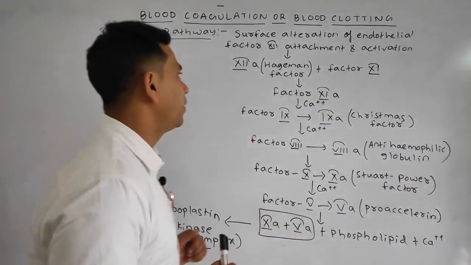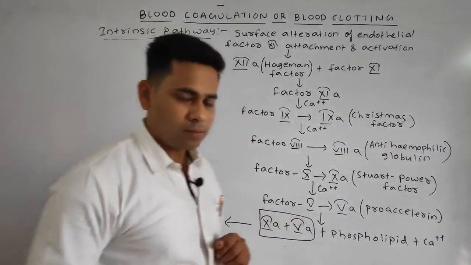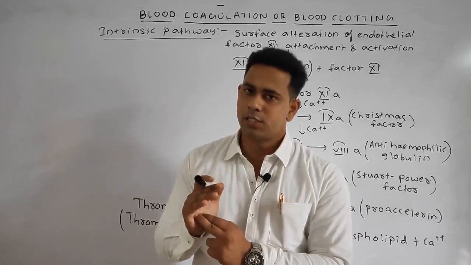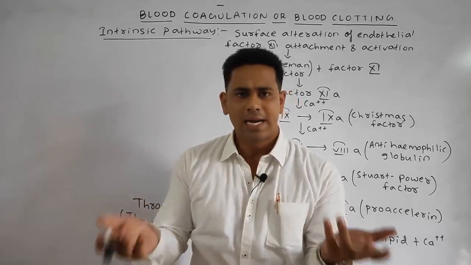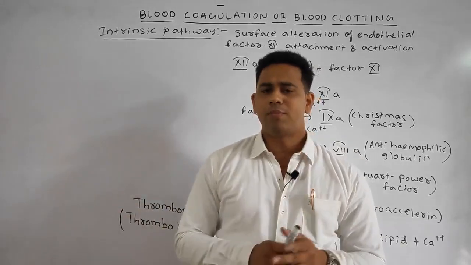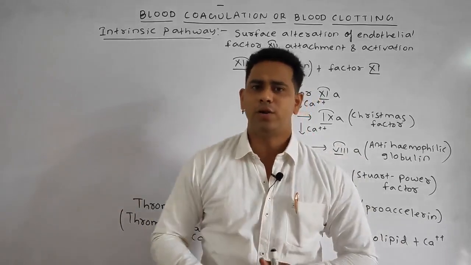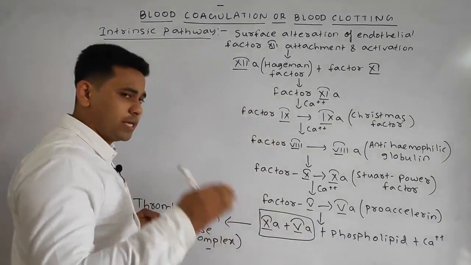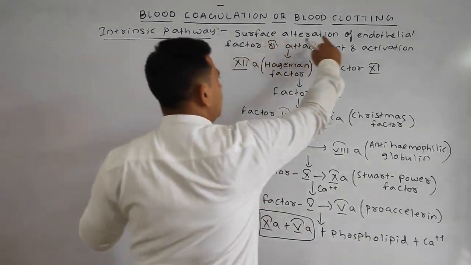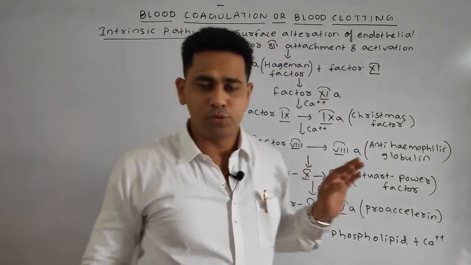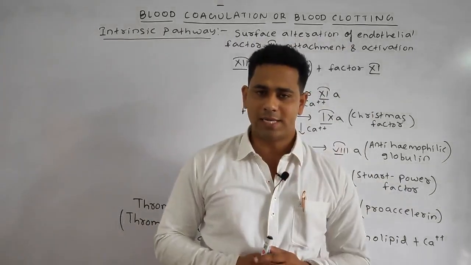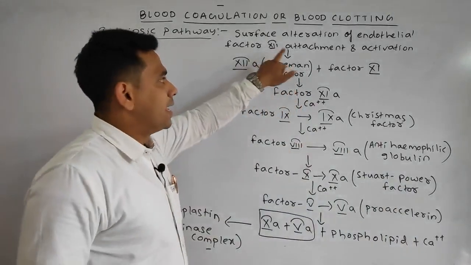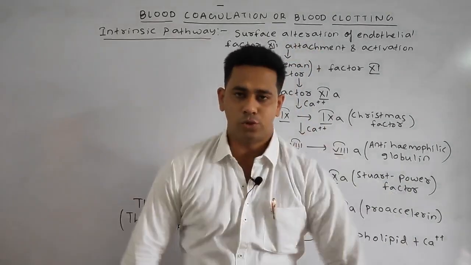Listen carefully. First of all, injury occurs. Injury means the blood vessel is also cut, by which the blood platelets disintegrate. We know the blood vessel is internally lined by endothelial cells. At the time of the cut or injury of the blood vessels, surface alteration of the endothelial cells takes place, means there is a change in the endothelial cells, by which factor number 12 gets attached to the site of the injury.